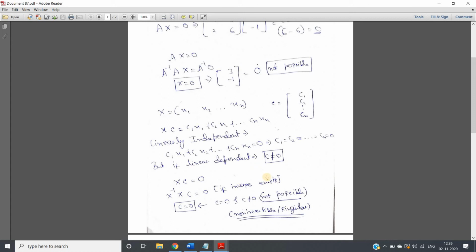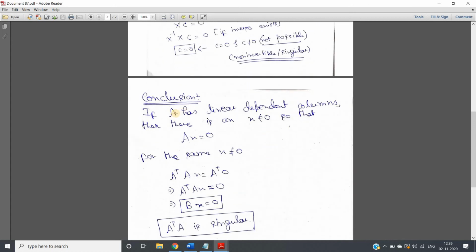The conclusion we have achieved: if A has linearly dependent columns, then there exists an X not equal to 0 so that Ax equals 0. For the same X, if we multiply both sides by A transpose, we get A transpose Ax equals A transpose 0, which is A transpose Ax equals 0. Suppose we consider A transpose A as B.